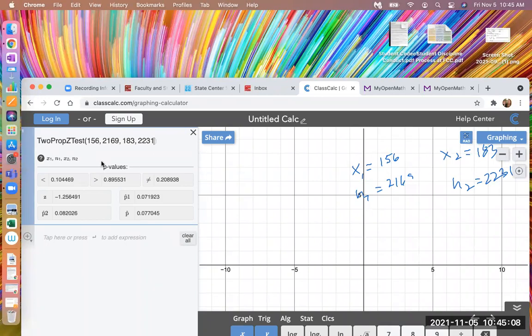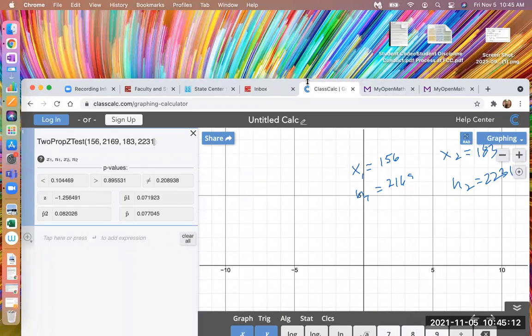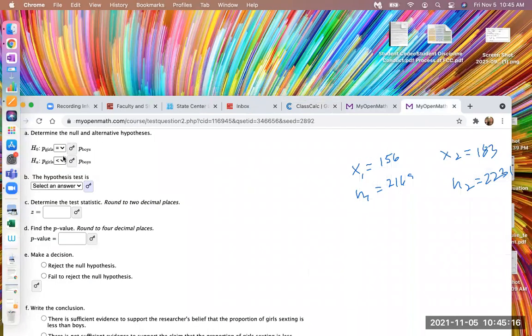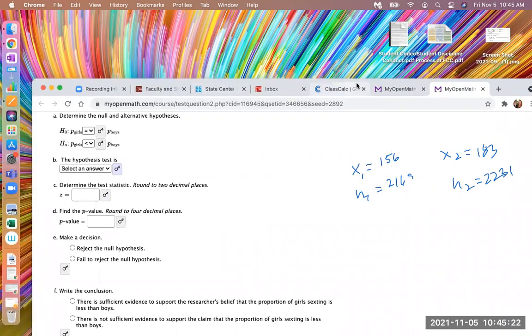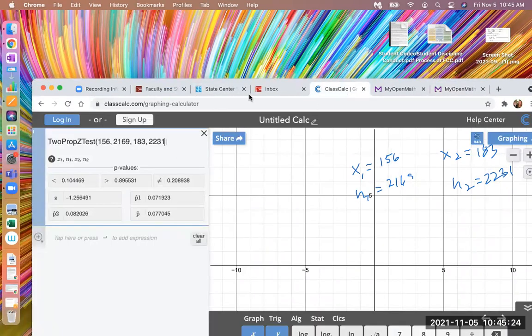I am doing the left tail test, am I not? We just decided we're doing a left tail test, and I just showed you which direction. So yeah, the arrow is pointing to the left. So I just need to choose the arrow pointing to the left. That is the p-value I need. So it's right here. So my p-value is 0.1044. And the test statistic is negative 1.25.